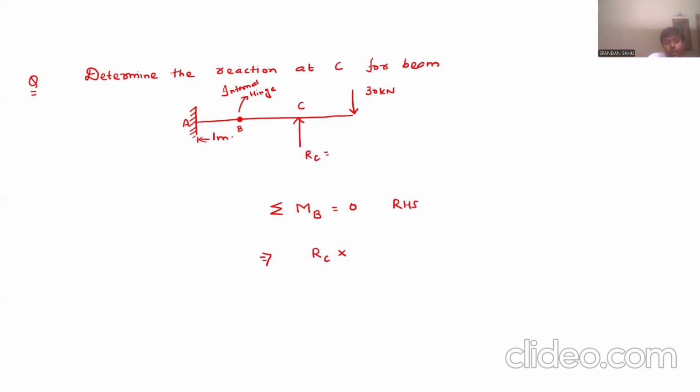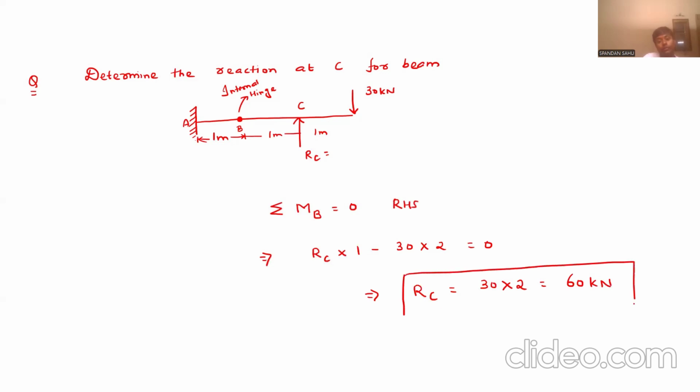Everything is 1 meter, 1 meter, and 1 meter. So RC into 1 minus 30 into 2 will be equal to 0. From here you will get RC equal to 30 into 2 upon 1, so equal to 60 kilonewton. So your answer is 60 kilonewton.